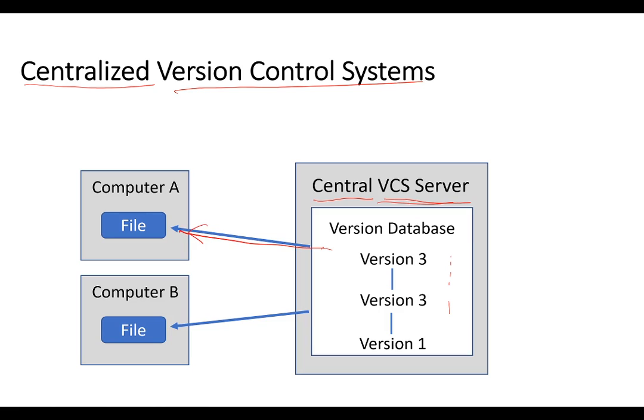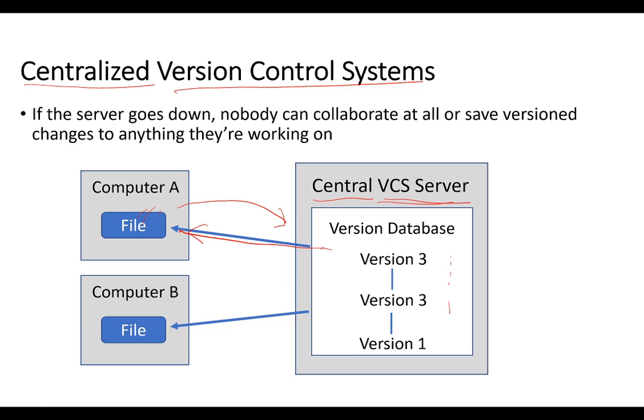Then he does some work on these files, and when he finishes his work, he may check in these files, submitting the modifications to the VCS server. So everyone relies on the VCS server. If the VCS server goes down, nobody can collaborate at all. If they do some work, they cannot submit their work to the VCS server.